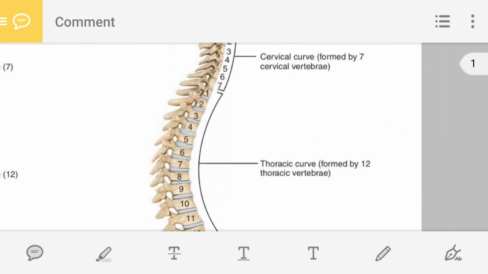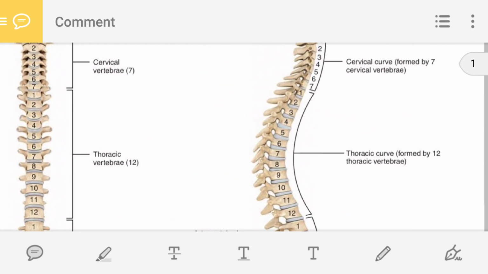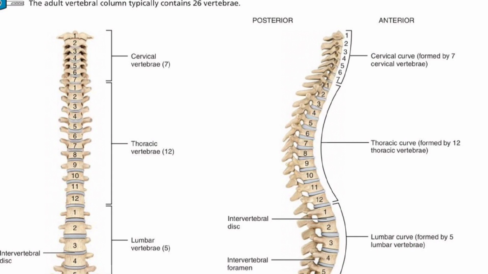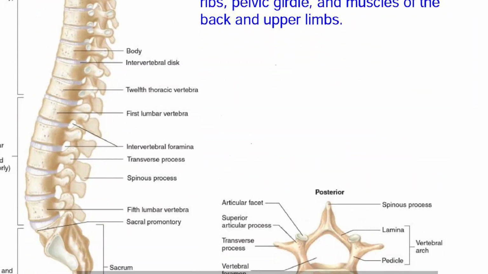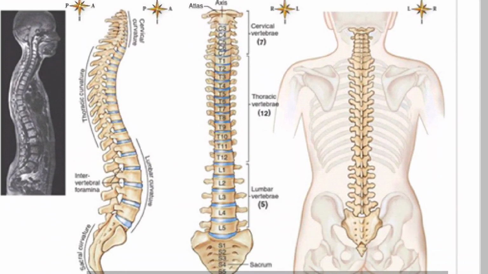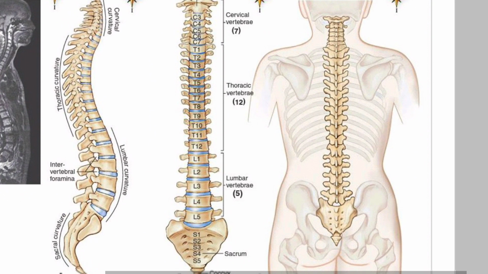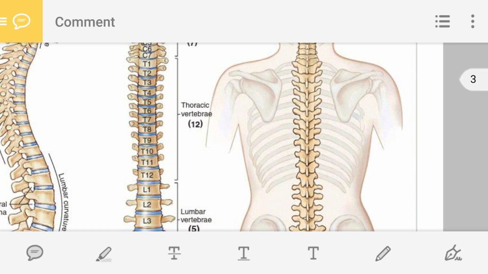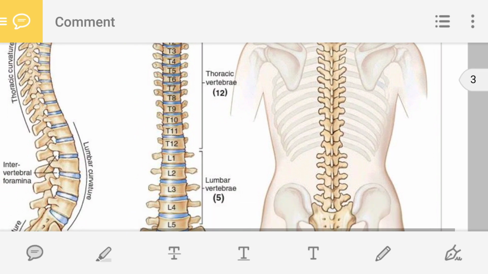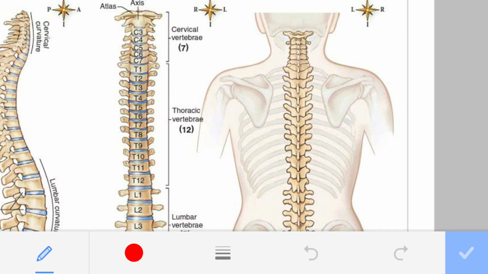This is the vertebral column that today we are going to discuss. For example, over here in this figure, as you can see, this one is the vertebral column. These are the ribs.